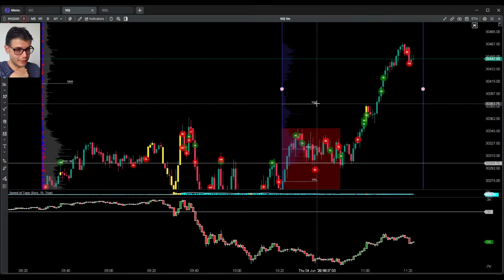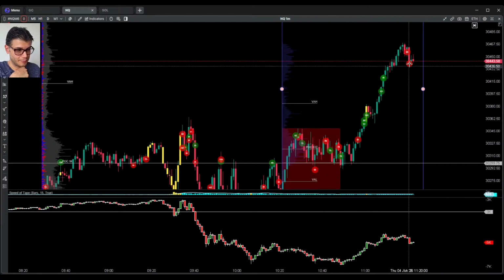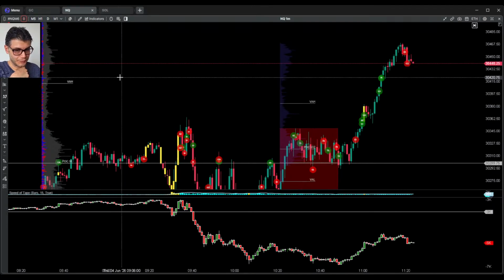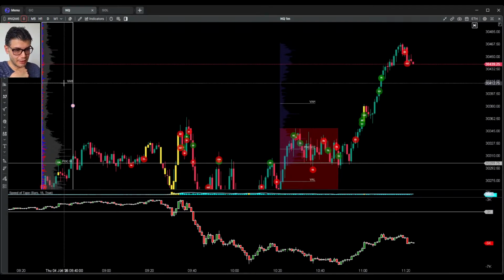But the value area high is still below the price. That's not good for a bearish setup. The value area high of the day is also still below the price. That's not good either.